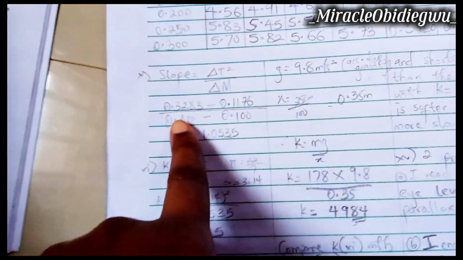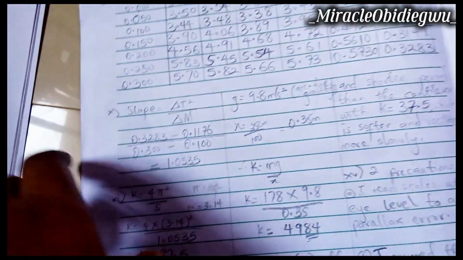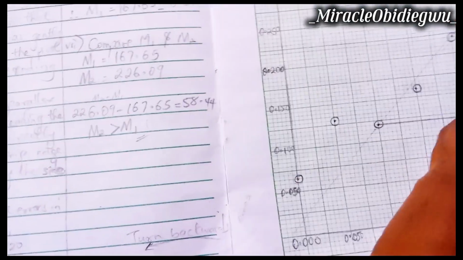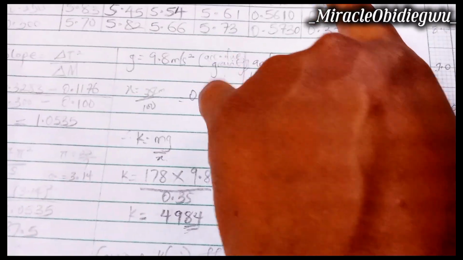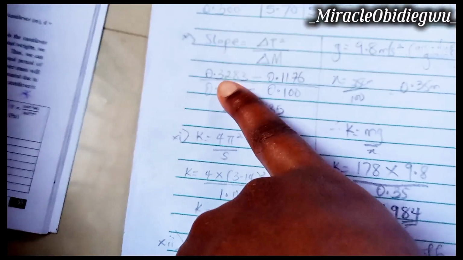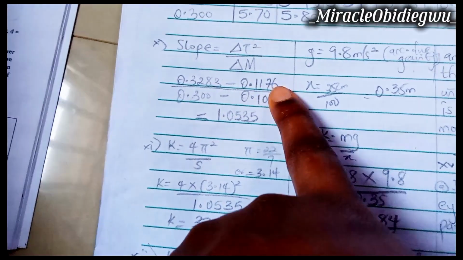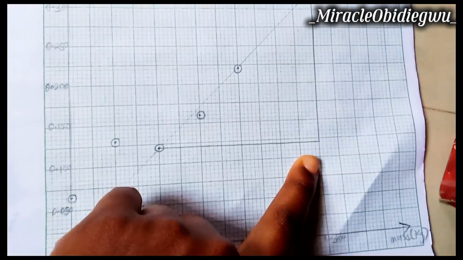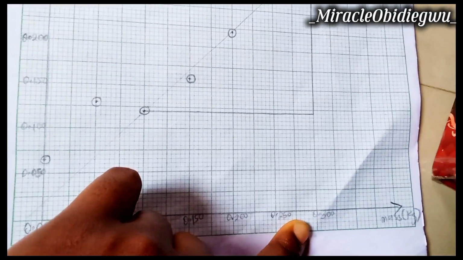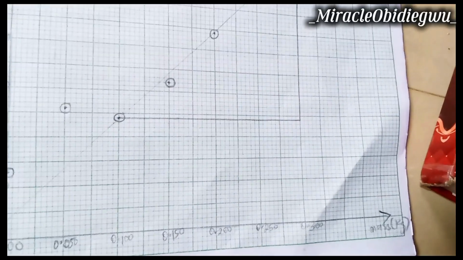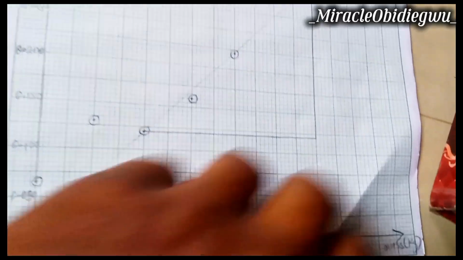So that's 0.3283 minus our T1, which is our third point, 0.1176, over our mass 0.300 minus 0.100.